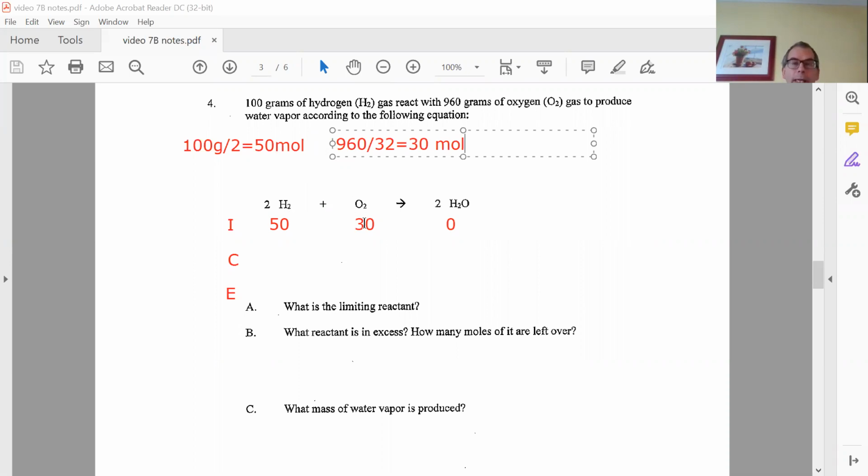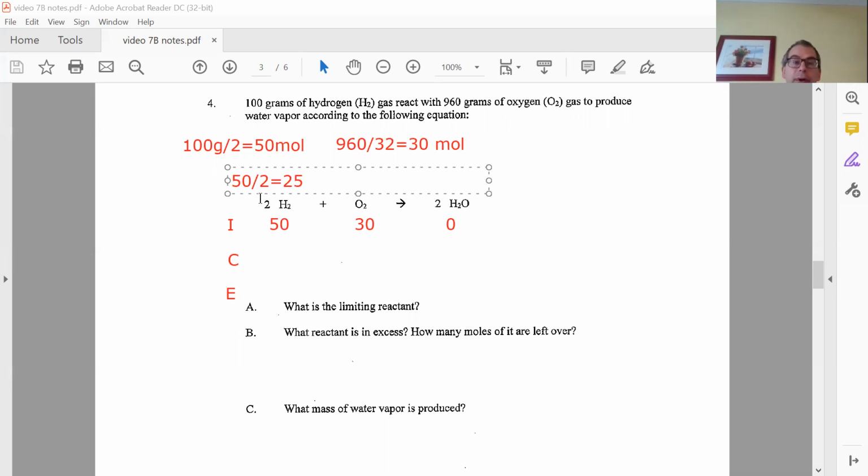Now a couple ways I could do this. I could say, hey, 50 is supposed to be twice as big as 30. It's not, so H2 is the limiting reactant. That's an inspection method. That's fine. The sure way to do this is to take this number 50, divide by the coefficient of 2, and that equals 25.